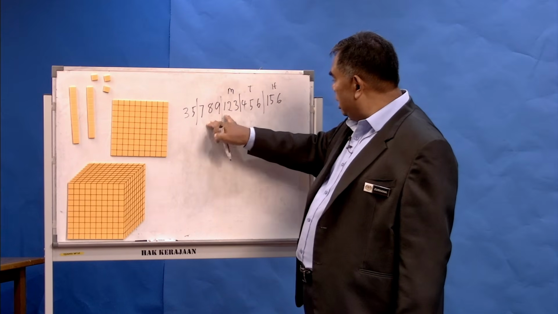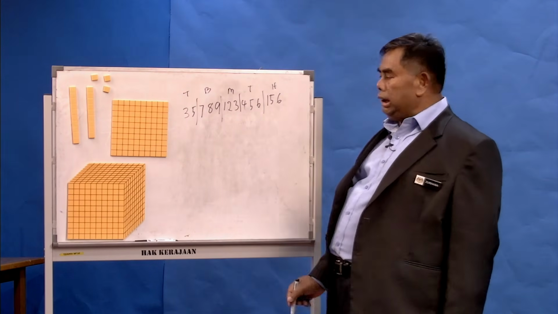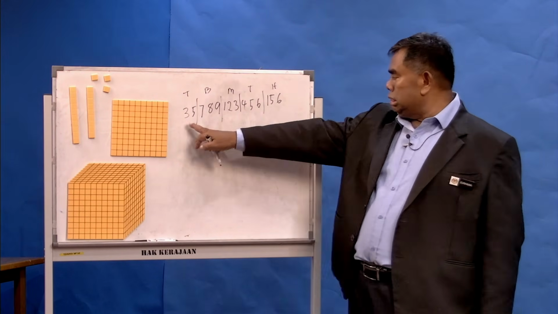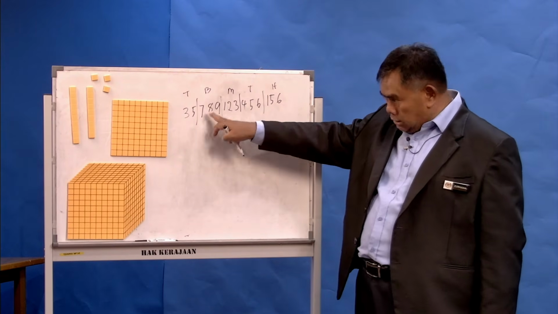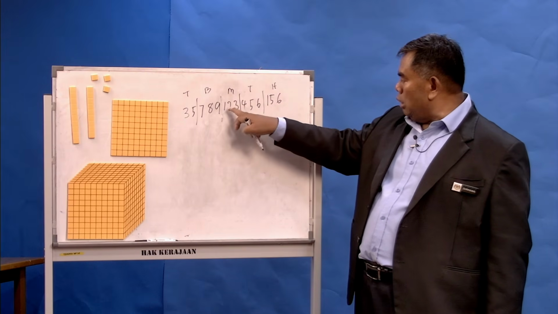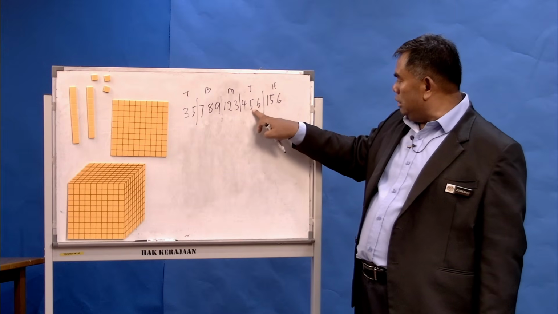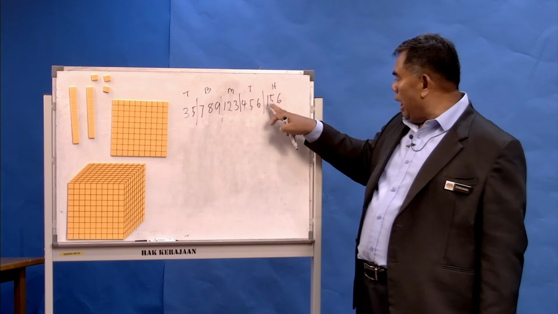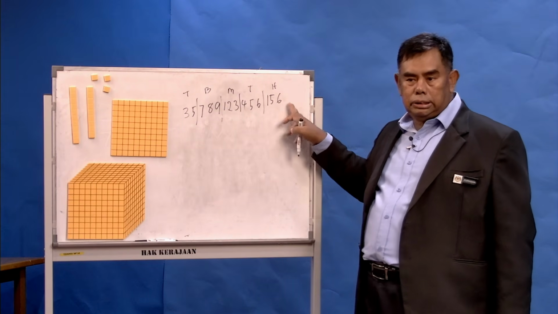The others are the billion and trillion. How to say this: 35 trillion, 789 billion, 123 million, 456,156. This is a number.